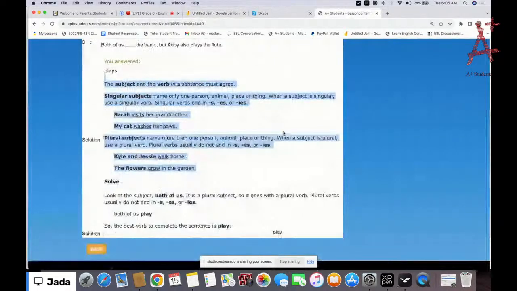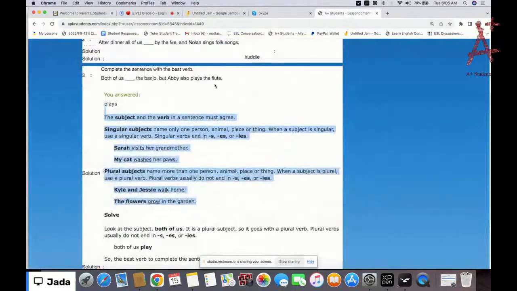Now the sentence says, both of us blank the banjo, but Abby also plays the flute. What is going to be the answer? Both of us is plural, so whatever you have as the verb in the empty space is going to be a plural verb.